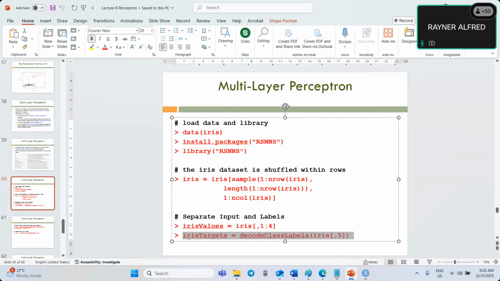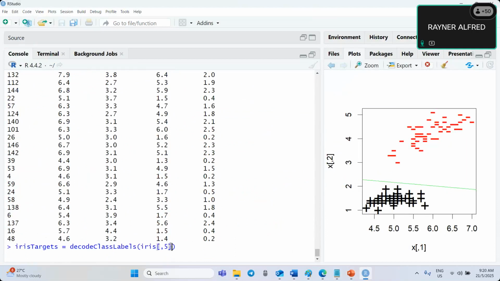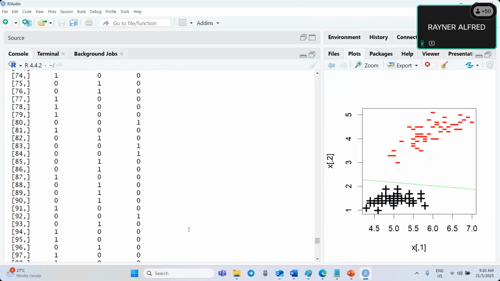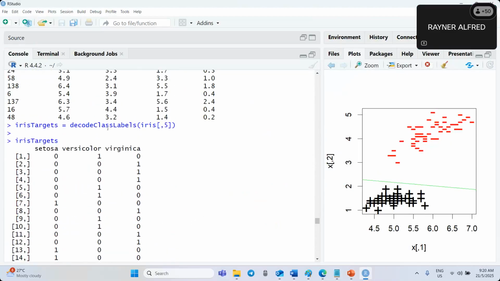Okay, and this is to capture the label. So we are getting the label. This is for all rows. This is only for column 5. Okay. So if we look at the values for this, we have the label. Remember that this is the dummy variable. If we have 3 unique values, that means we will have 3 bits to represent them.